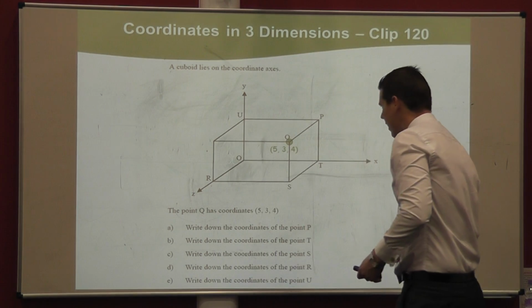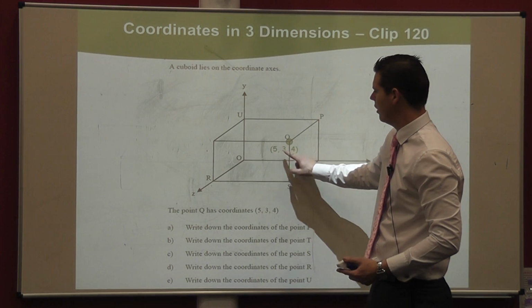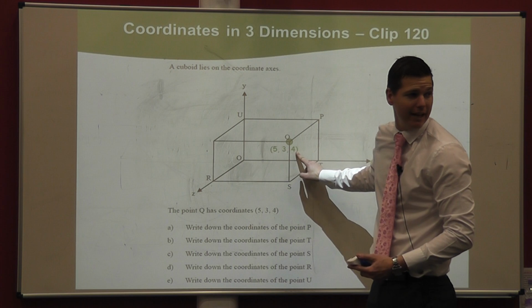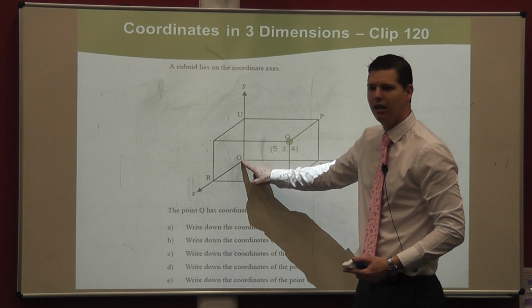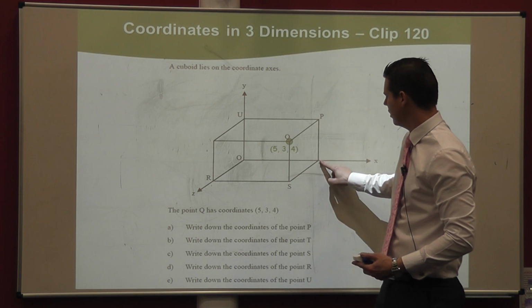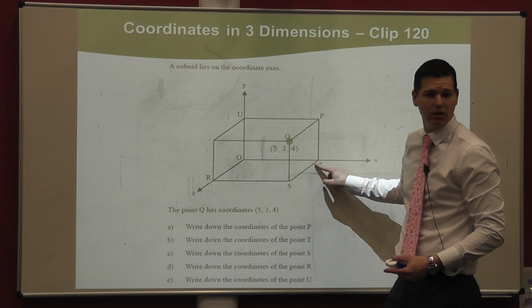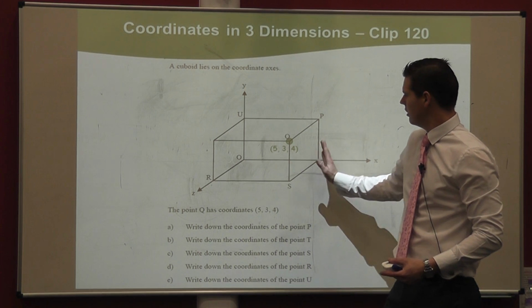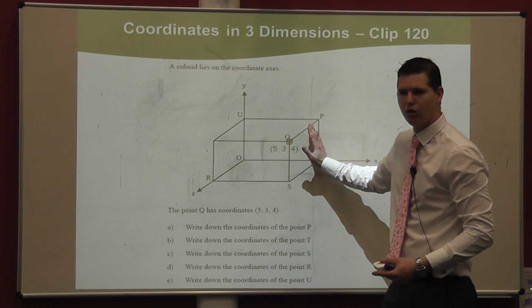Once you do that, let's look at this point. This is 5, 3, 4. X, Y, Z, alphabetical order. So the X means I start here and I go across. What is the position of that on the x-axis? Have a look at it. That plane there, although it looks like it's on an angle, is actually in 3D.